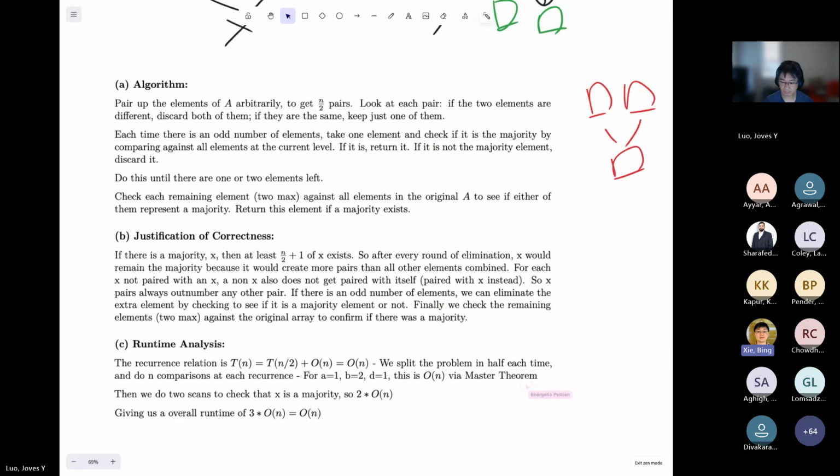Well, I just want to clarify, because in the runtime analysis part, just the verbiage of preciseness, is it enough to say, like the simple solution says, we split the problem in half each time, where in reality, because things can cancel out, like both get discarded, quite often it will be less than half after each iteration.